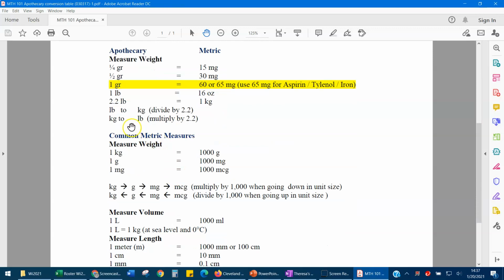If you notice down here, this is what we just went over in the metric conversion system. A kilogram is 1,000 grams, a gram is 1,000 milligrams, and this shows you if you're going to the right, for each of these abbreviations you multiply by 1,000. If you're going to the left, you divide by 1,000.